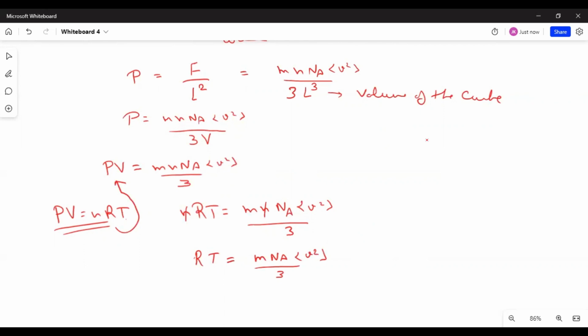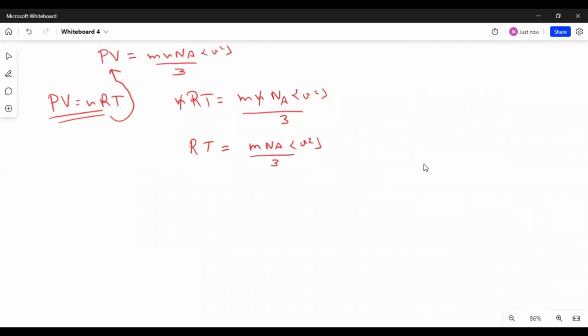Right? Or we can also write this equation as m v² will be equal to 3RT upon N_A, right?